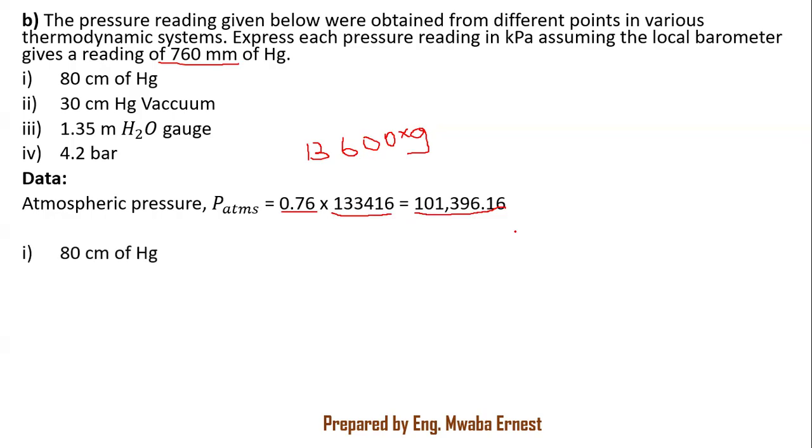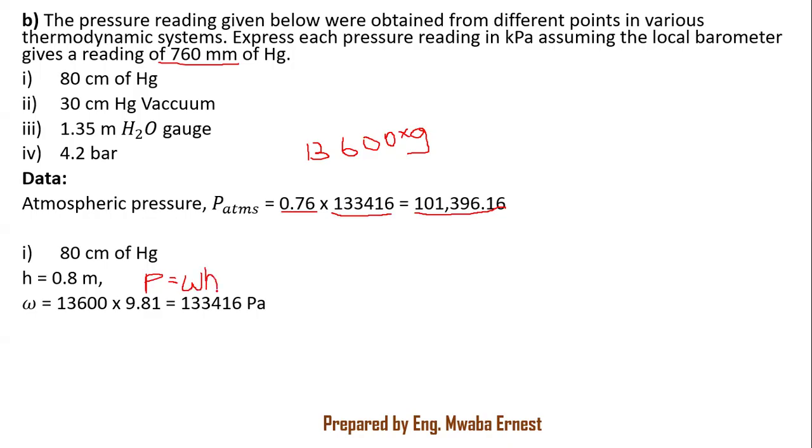With that sorted out, let's get to work. Part 1 is saying 80 centimeters of mercury. We go to the height of mercury and convert it to meters. Centimeters means you divide that number by 100, so you get 0.8. Referring to the formula for pressure, P is equal to specific weight times height.